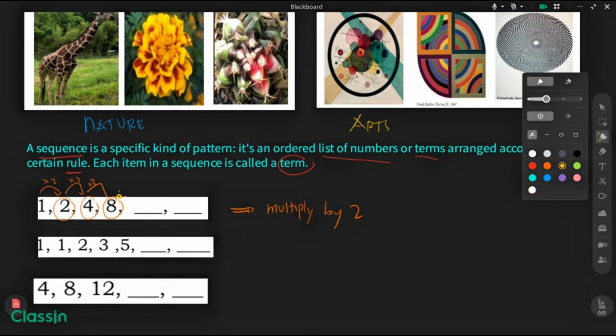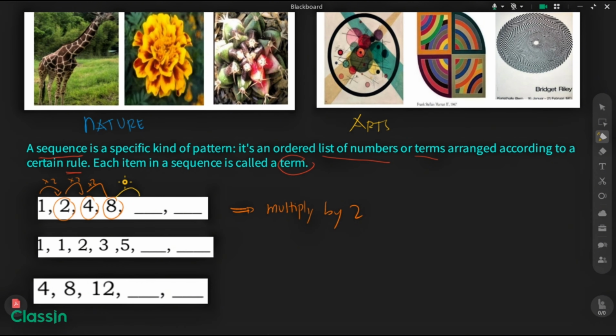When we multiply 8 by 2, it is equal to 16. We need to continue the process. 16 times 2 will be 32. That's how a sequence works.